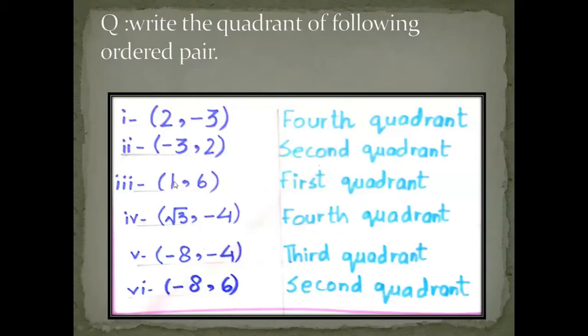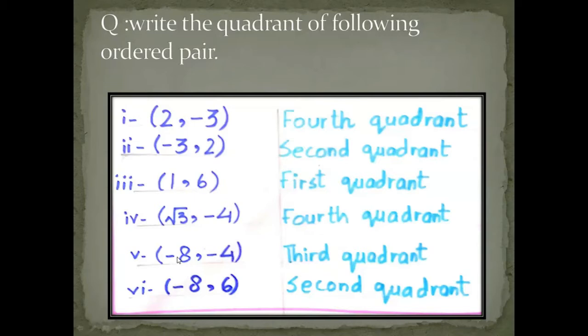When both the components of an ordered pair are positive, it belongs to the first quadrant. Here the x component or abscissa is positive and the y component or ordinate is negative, so this ordered pair belongs to the fourth quadrant.